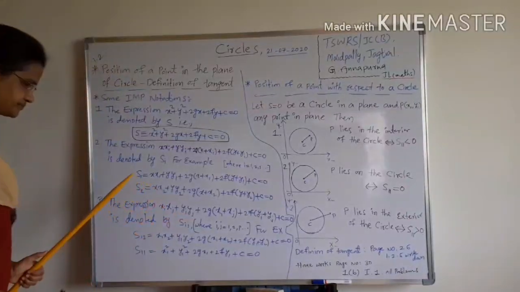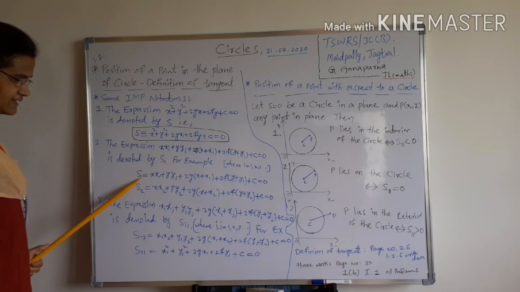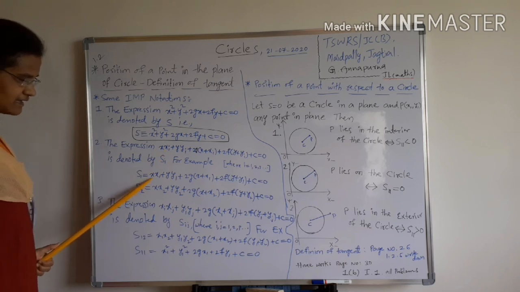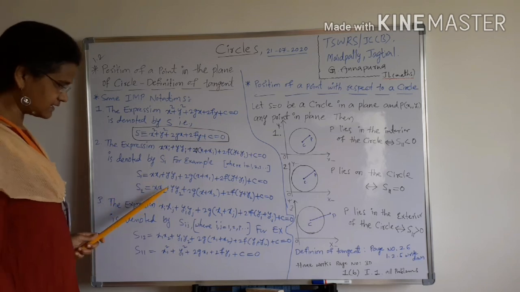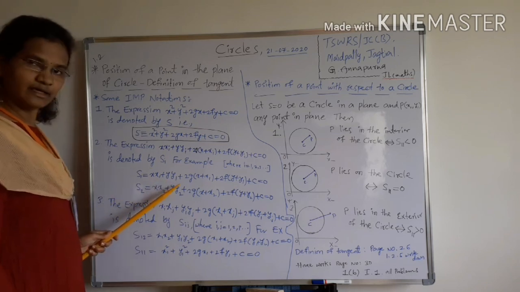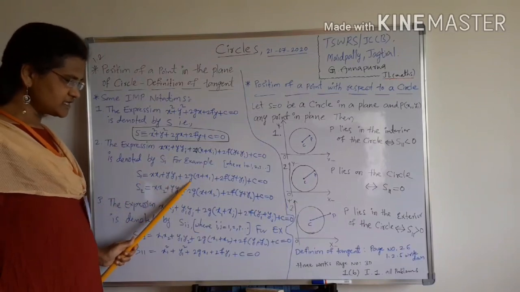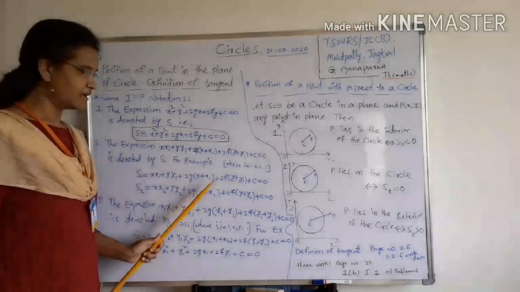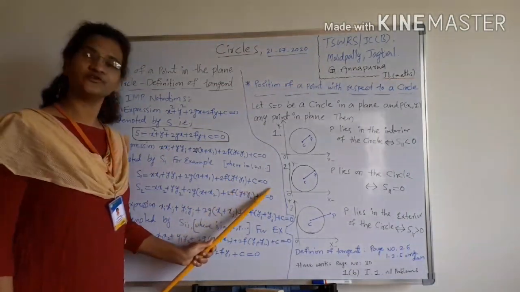Here Si means Xi came. Similarly, S1 is equal to x x1 plus y y1, because I took i is equal to 1, plus 2g of (x plus x1) plus 2f of (y plus y1) plus c is equal to 0.